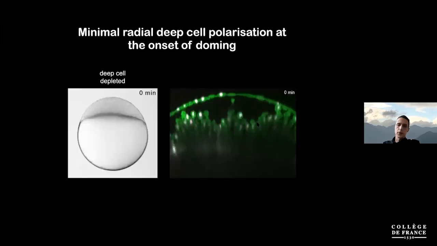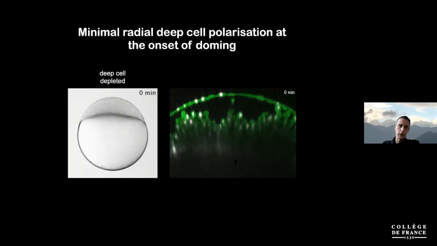There was one more experiment which Hitoshi still did before he left the lab, and he took the embryo and he depleted a large part of the internal cells, these deep cells. So he essentially generated an embryo which consists of surface cells, a very big yolk cell, and a few deep cells left in there. He did this experiment to reduce the amount of radial intercalation and force generation by the deep cells. And then he was asking if the embryo still can undergo doming.